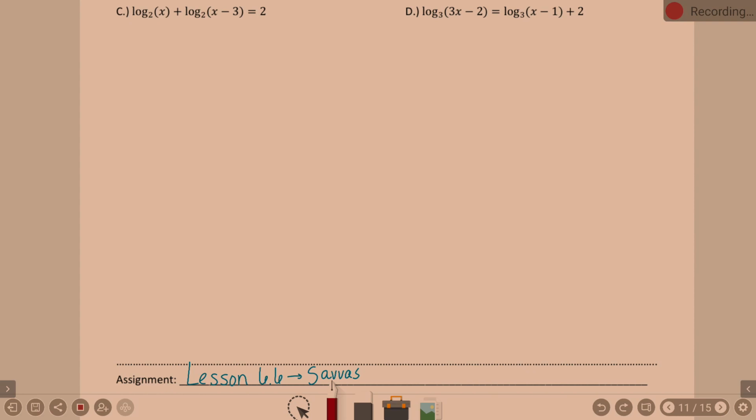What property are we using here? Product property of log. Product property, which is where you might be on the right track. Product property says if we take two logs that are being added and we rewrite them as one log, what do you do with the insides? You put them together how?